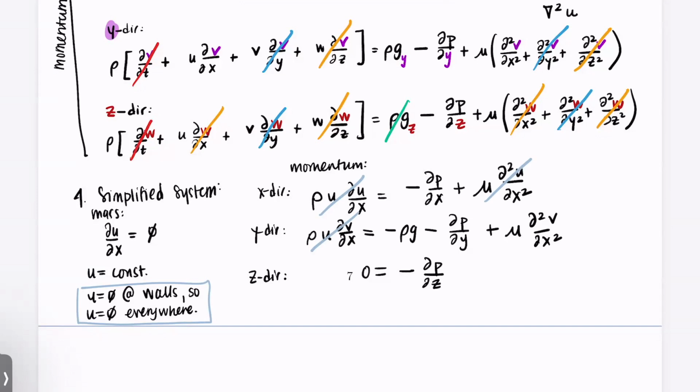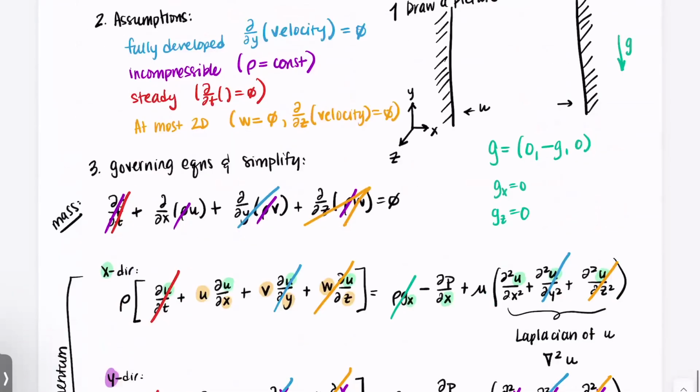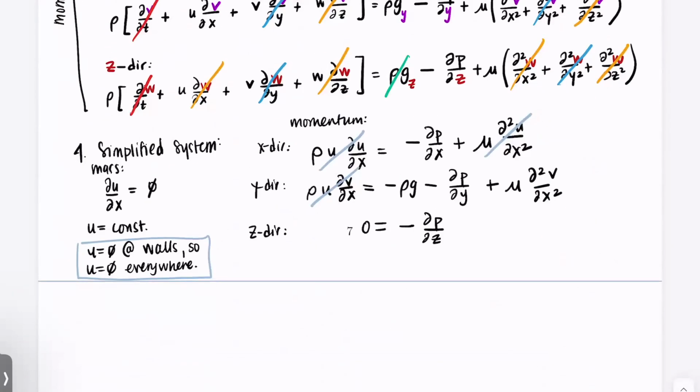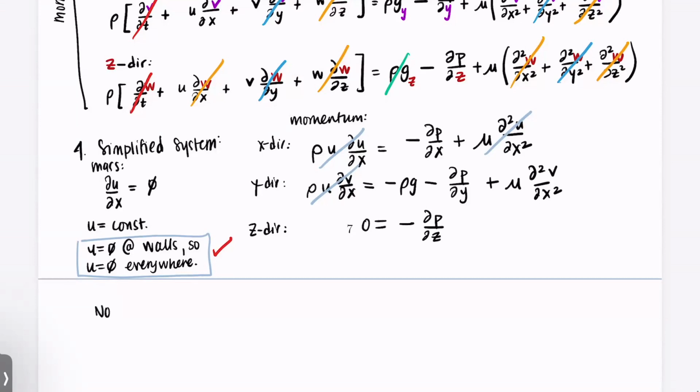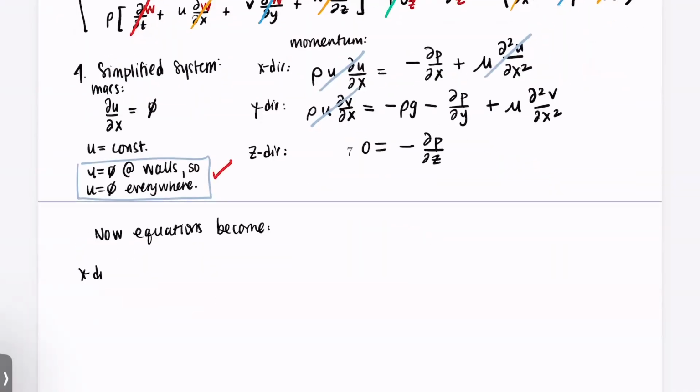Saying that u is equal to 0 was part of this problem, so that's good. We've already addressed that. And then now our equations become something even simpler. In the x direction, we have 0 is equal to minus partial p partial x.